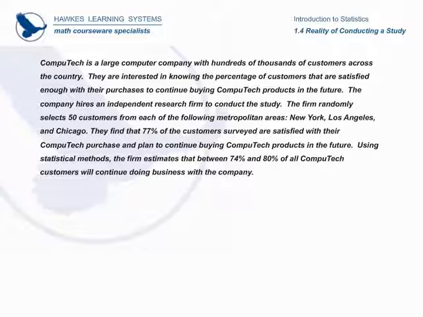The firm randomly selects 50 customers from each of the following metropolitan areas: New York, Los Angeles, and Chicago. They find that 77% of the customers surveyed are satisfied with their Computech purchases and plan to continue buying Computech products in the future. Using statistical methods, the firm estimates that between 74% and 80% of all Computech customers will continue doing business with the company.